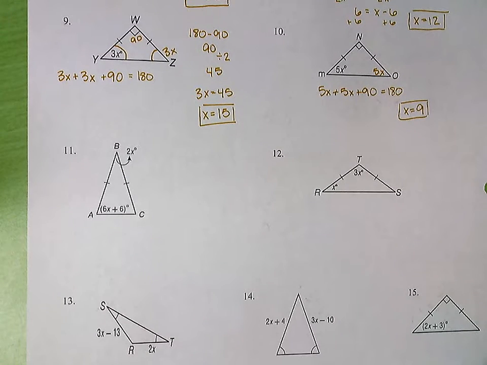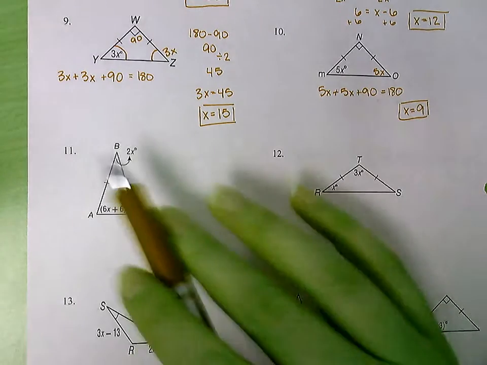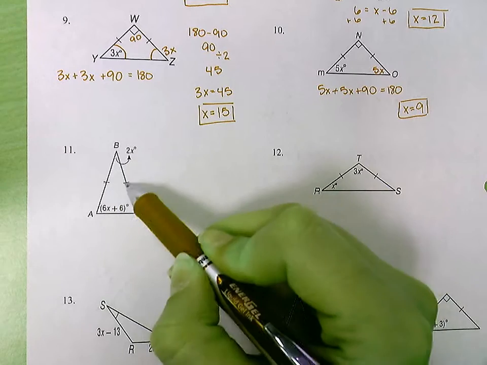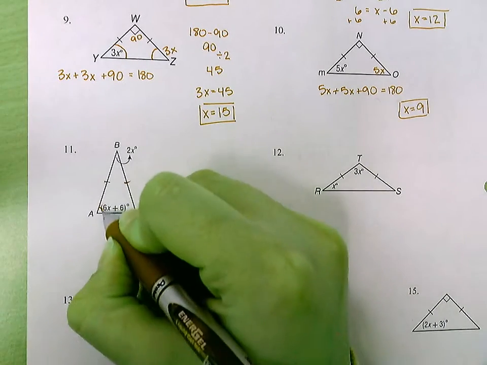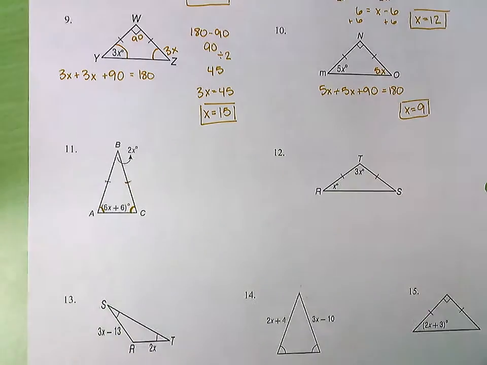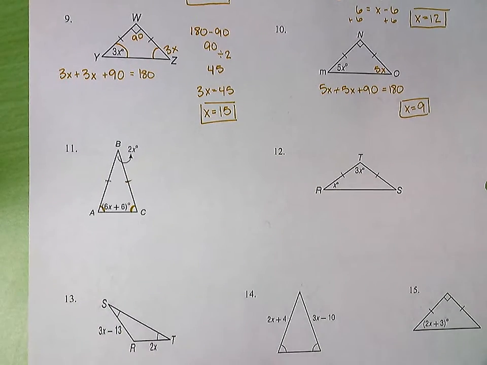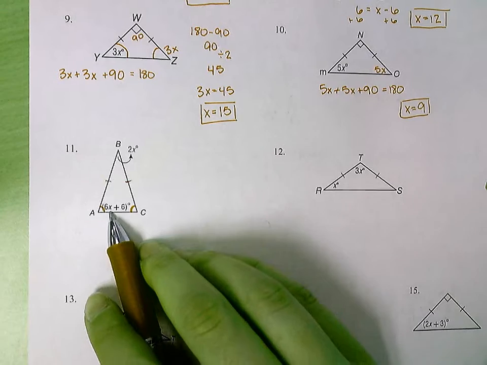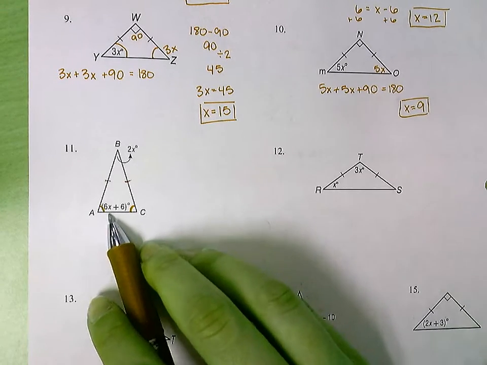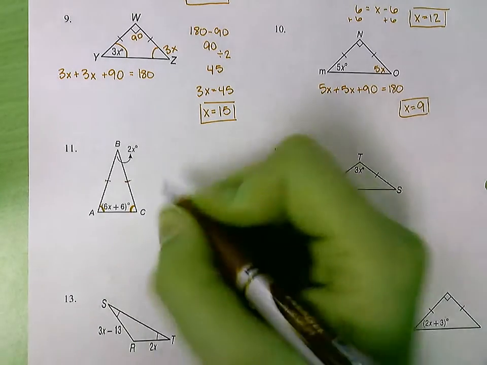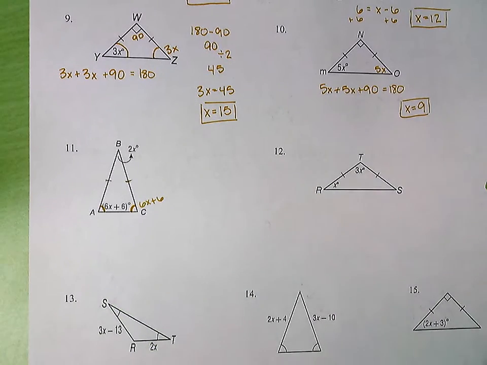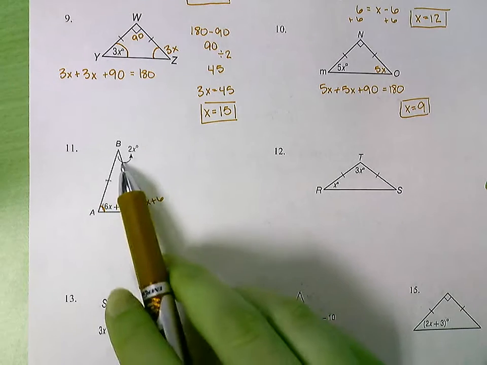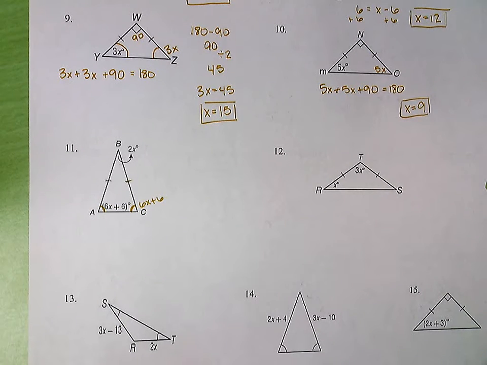Number 11 is slightly different. So in 11, we're given AB and BC are congruent. So we know angle A is congruent to angle C. Since angle A is 6x plus 6, angle C must also be 6x plus 6. Now angle B is 2x.